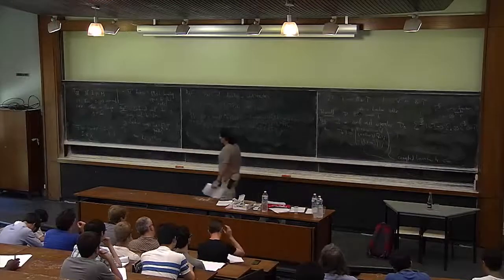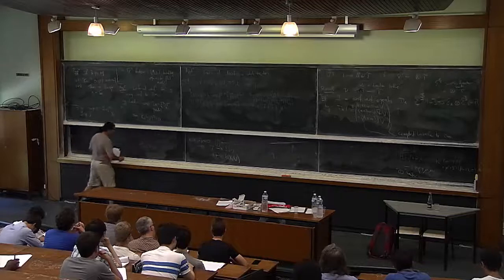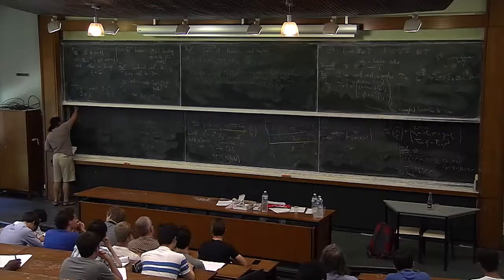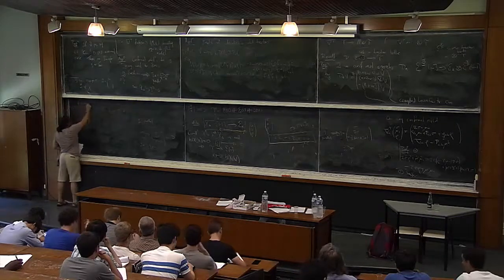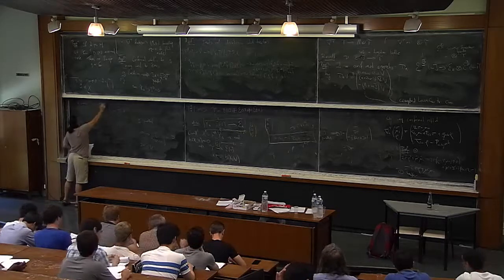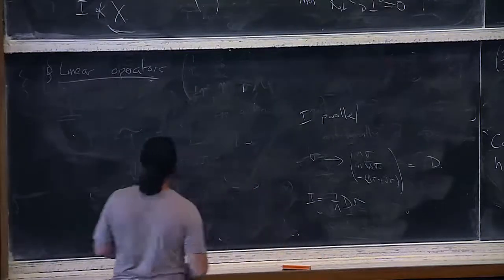I think here people are interested especially in linear operators. Well, I'm not going to talk about how you make conformal operators in general, but what can we make from D?